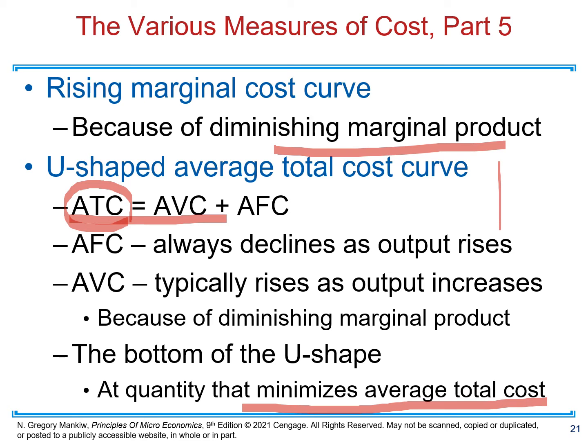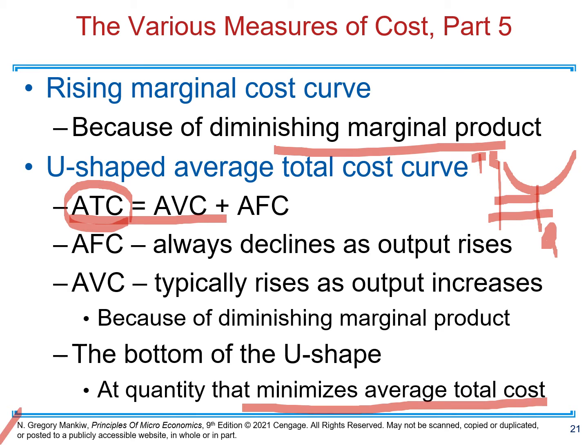That's pretty obvious here. It comes down, down, then it turns around and goes up. If we make this quantity, this minimizes our cost. From then on up, it would be more.